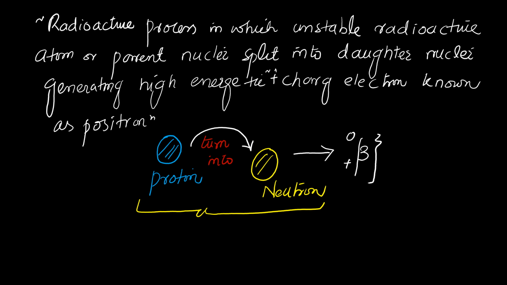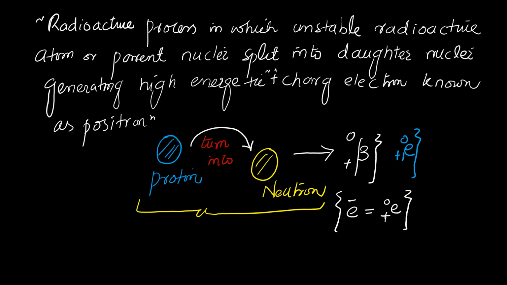In some cases, positron may be written as e plus 1, where plus 1 represents a positive charge. Dear student, please note that the positron is the antiparticle of the electron. It has the same mass as an electron, but it is basically an anti-electron.